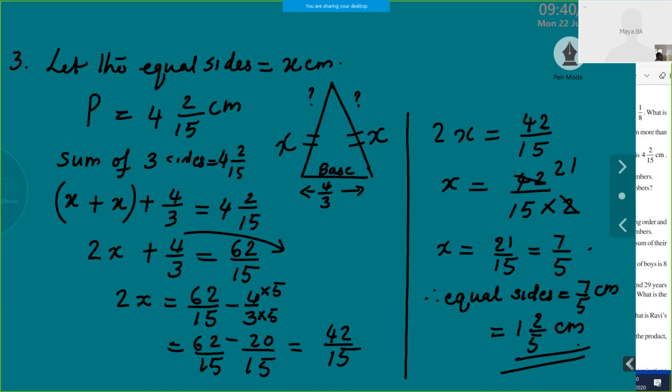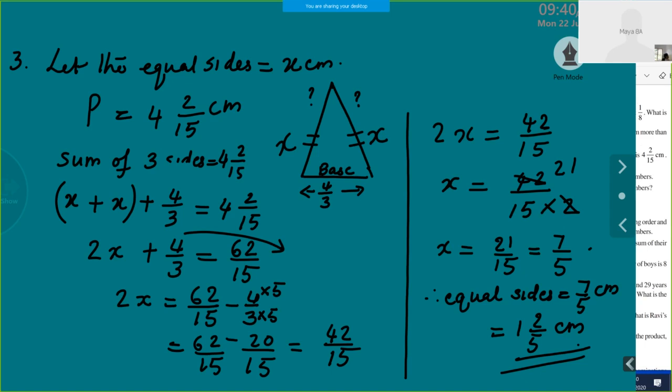I repeat once again. Look at the question. You are given the base of the isosceles triangle is 4/3 centimeter, and the perimeter of the isosceles triangle is given as 4 and 2/15 centimeter. So using the condition, sum of the three sides is 4 and 2/15.